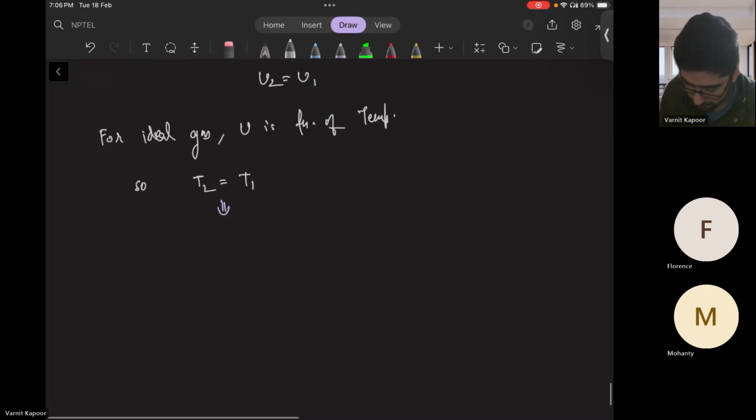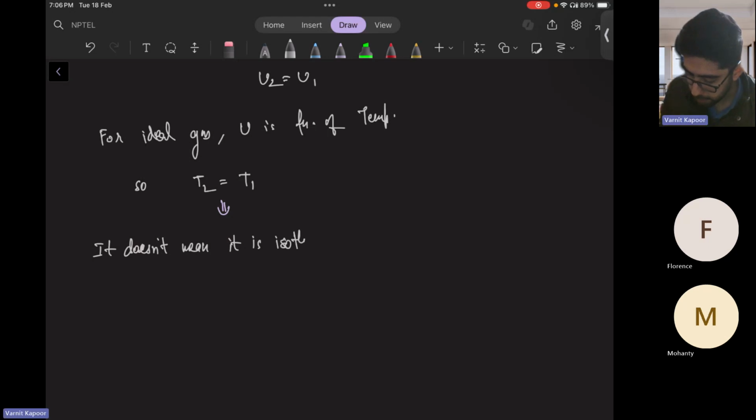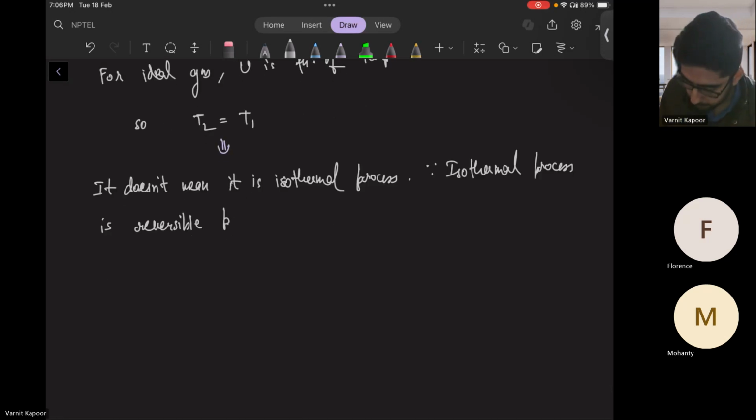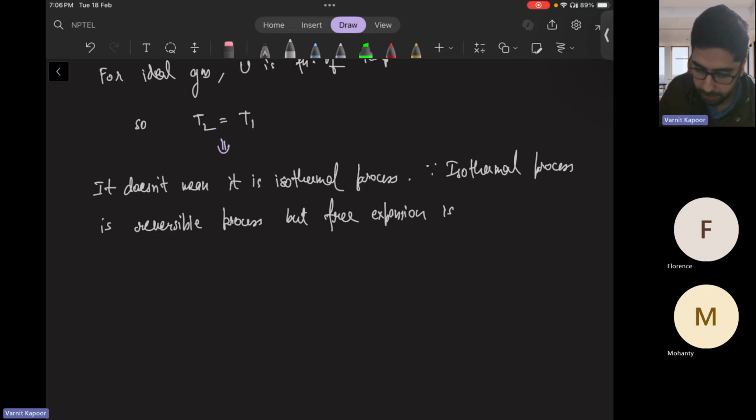So it doesn't mean it is an isothermal process, since isothermal process is reversible, but free expansion is an irreversible process.